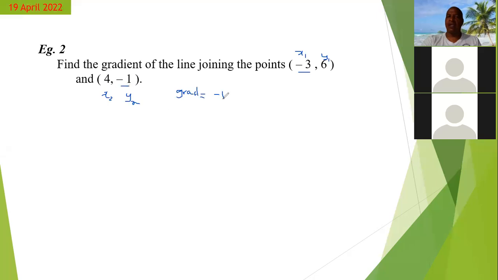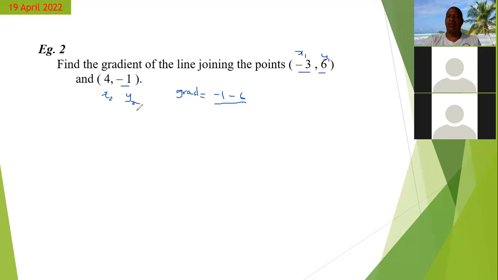So that's minus 1, and then we have y1 here, which is 6. So we have minus 1, but now we are minusing 6.